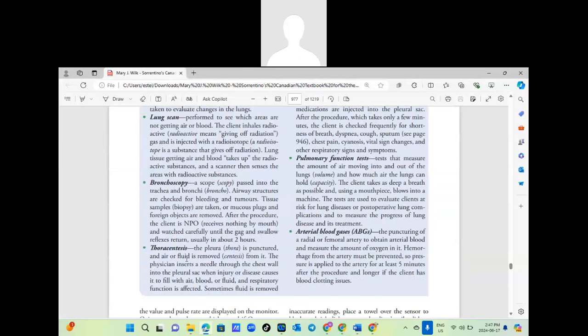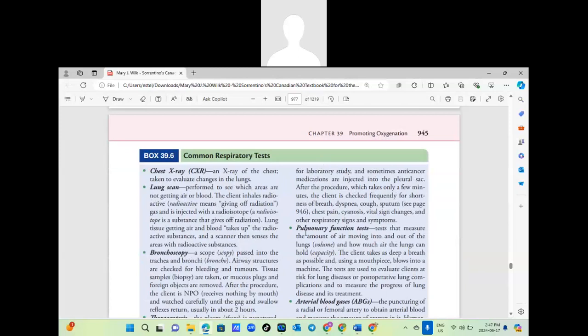All right, so again, that is the thoracentesis. Okay, so again, the pleura, the outer lining or the sac, is being punctured, and then air or fluid is being removed. Okay, so let's go to pulmonary function tests. These are tests that measure the amount of air moving into and out of the lungs, which is the volume, and how much air the lungs can hold, which is the capacity of your lungs.